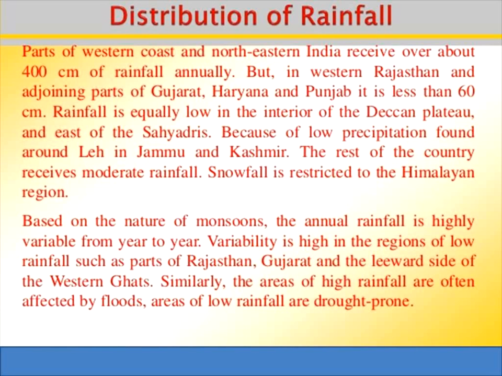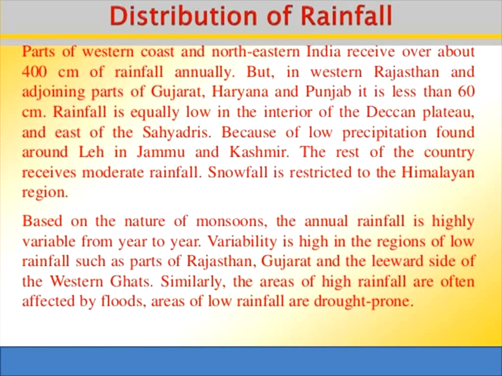Most probably the parts of the western coast and northeastern India receive, mostly the northeastern part only, more than 400 centimeter rainfall annually. In western Rajasthan and adjoining parts of Gujarat, Haryana and Punjab, it is less than 60 centimeter. You can find that. And rainfall is equally low in the interior part of the Deccan Plateau and the east of the Sahyadris.